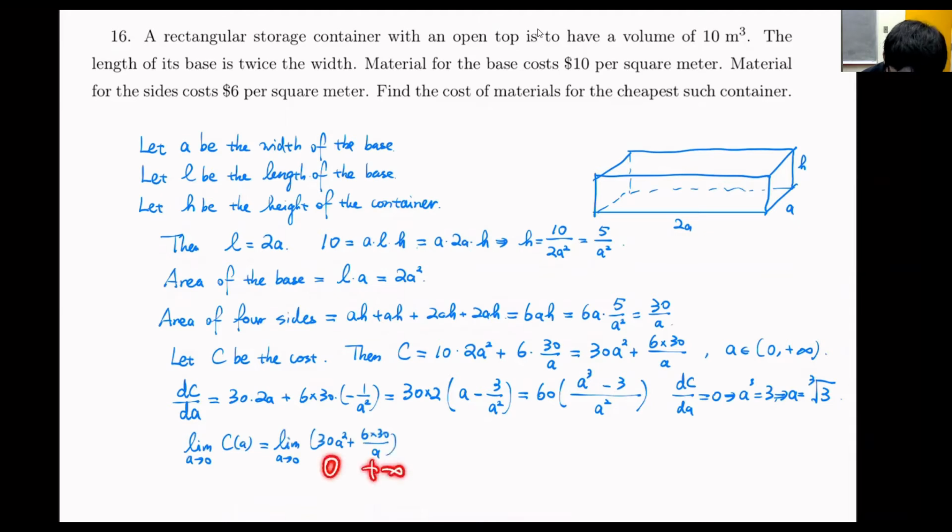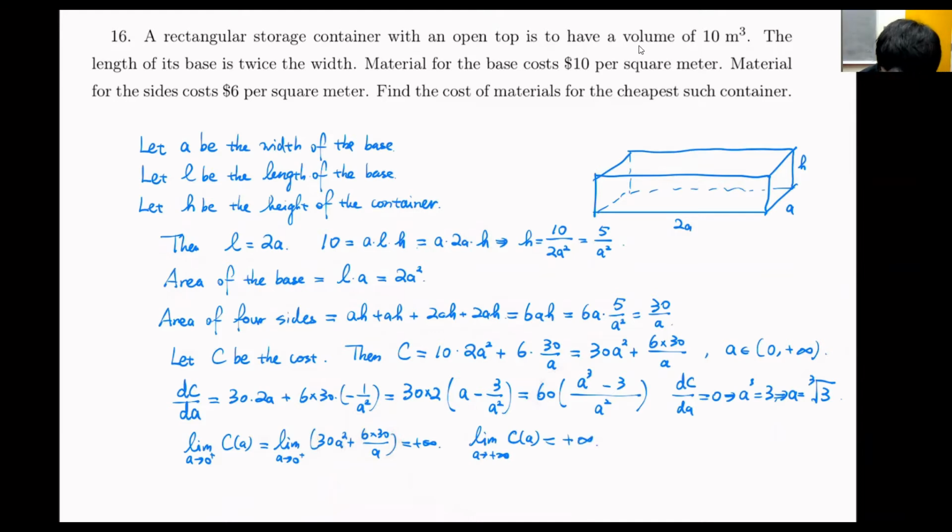The second term approaches positive infinity. So that's telling me that I have infinity here. On the other hand, if you compute the limit at infinity, you will see that one term becomes large and the other becomes very small. So the answer will still be a large number, so the answer will be infinity.